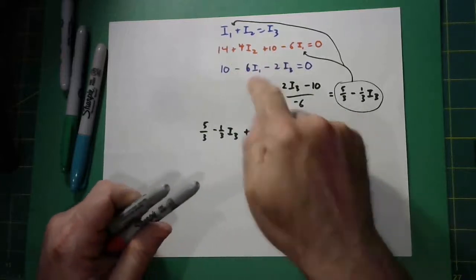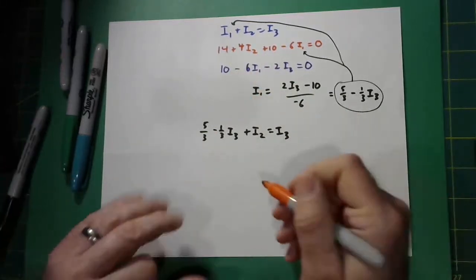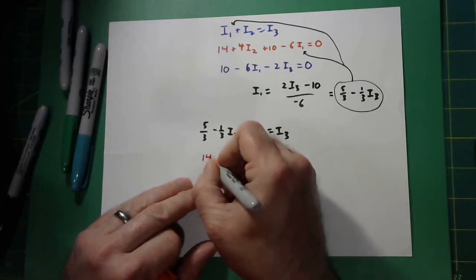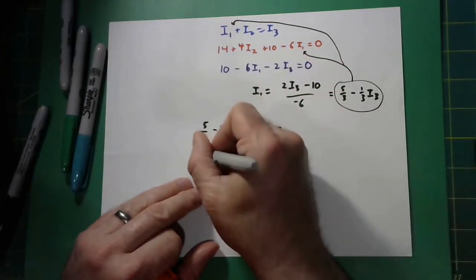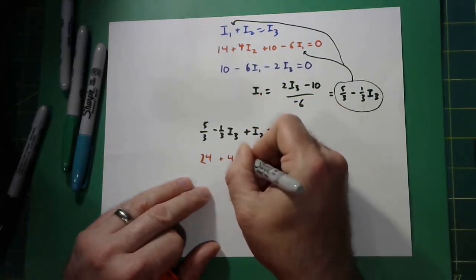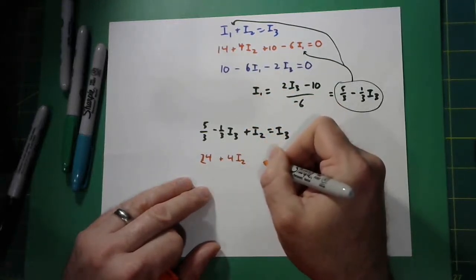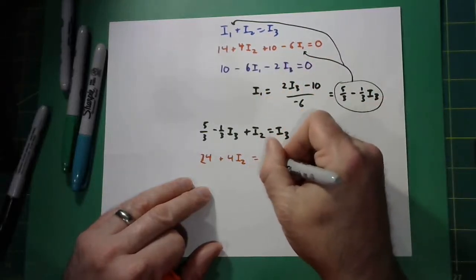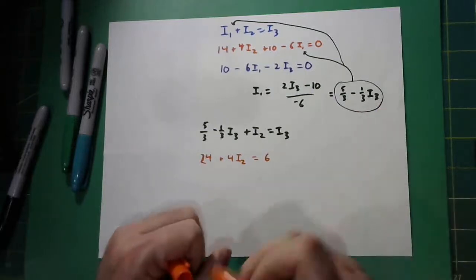In the second one, this orange one becomes 14. Can I add that 10 to the 14 right away, make that a 24? Plus 4 I2. If I move that 6 I1 to the other side, that would be equal to 6 times I1, which is this black bit.